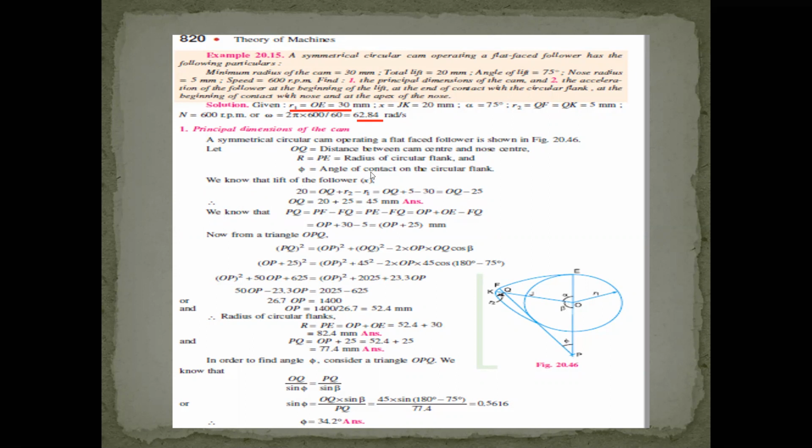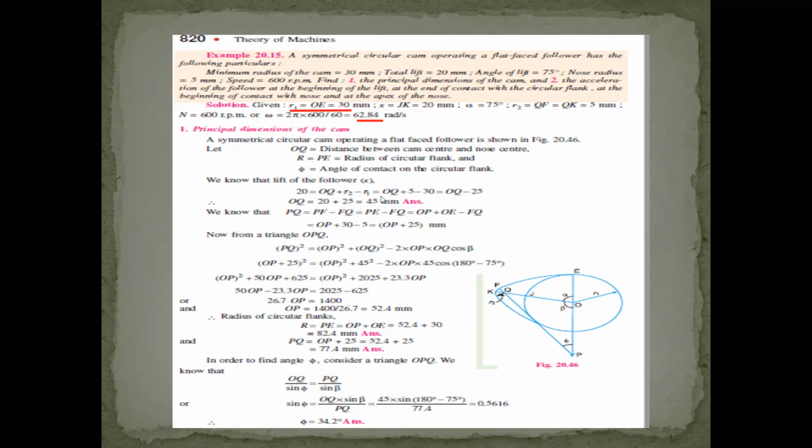We know the lift of the follower, which is already known, and that is 20. So 20 equals OQ plus R2 minus R1.